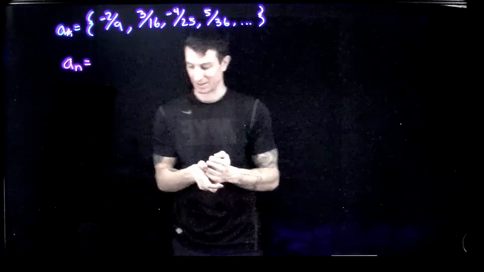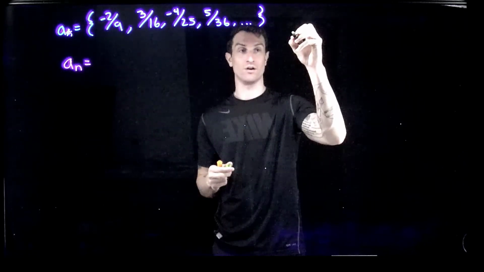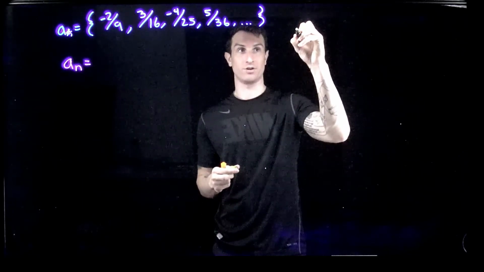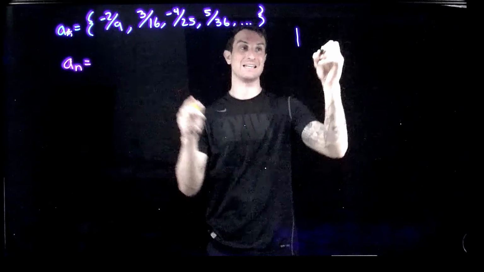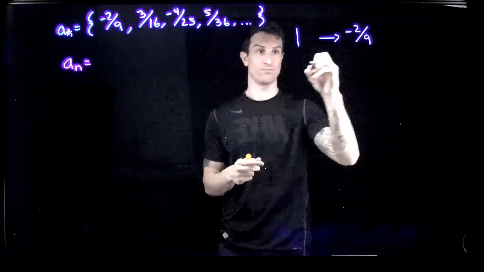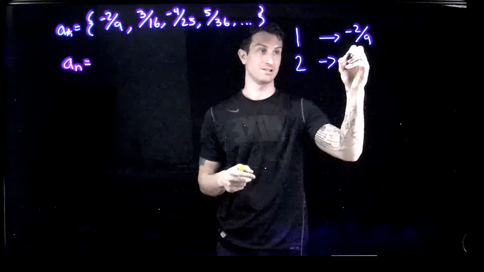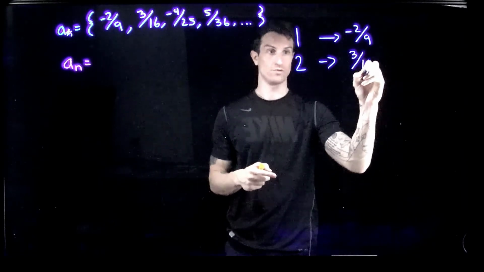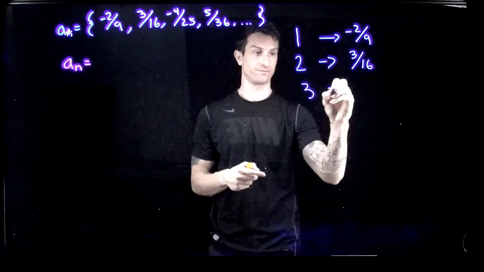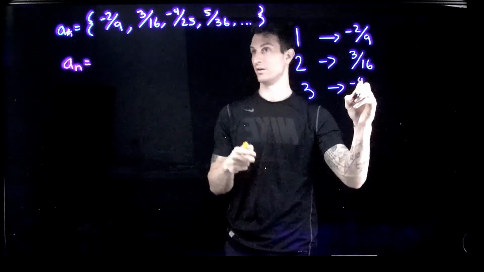So in other words, what we need to write on the side is, when I plug in 1 to my function, I get negative 2/9. That's what's happening here. If I plug in 2, I get 3/16, and so forth. We can write all these out. If I plug in 3, I get negative 4 over 25.